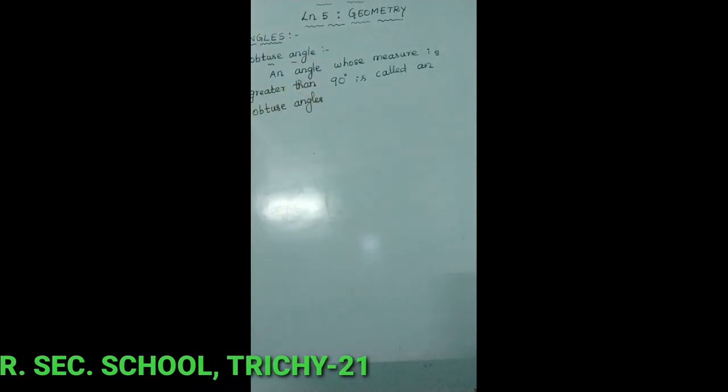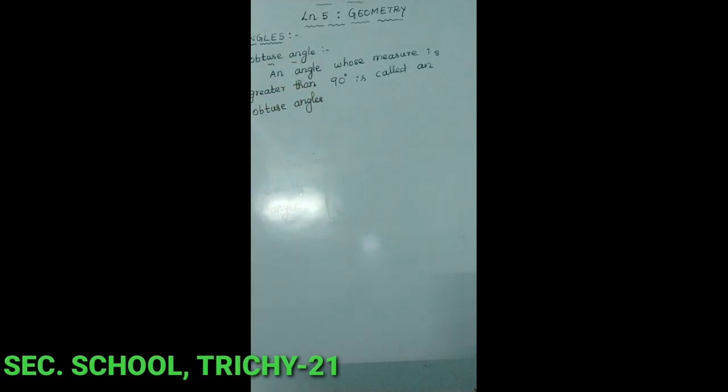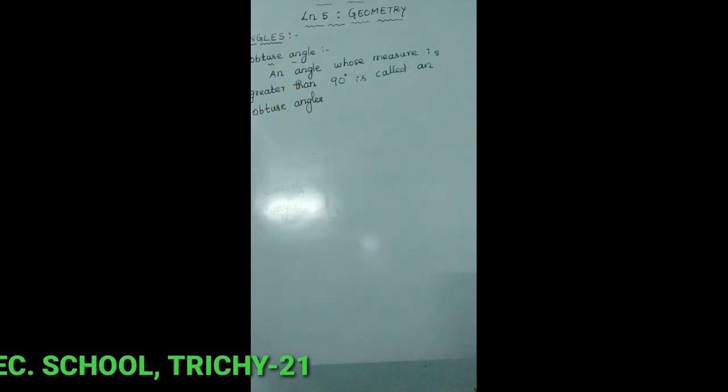So an angle whose measure is greater than 90 degrees is called an obtuse angle.